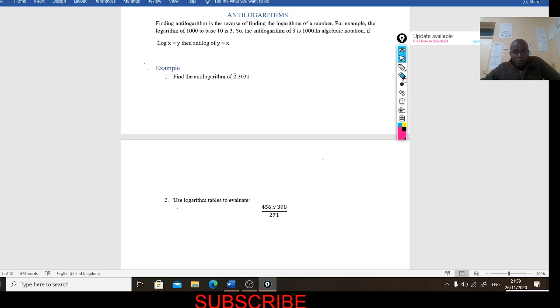Like now we find the antilogarithm of this. The first thing is that we let the number to be x, that is, the antilogarithm of this to be x.